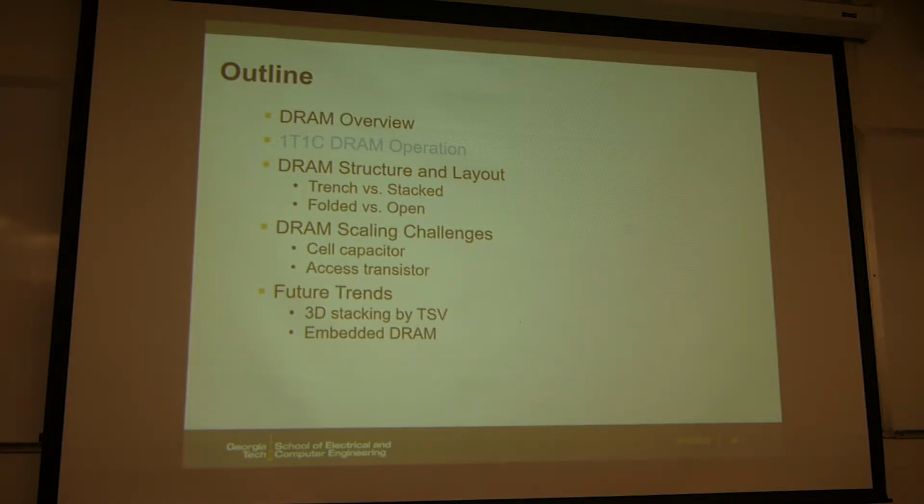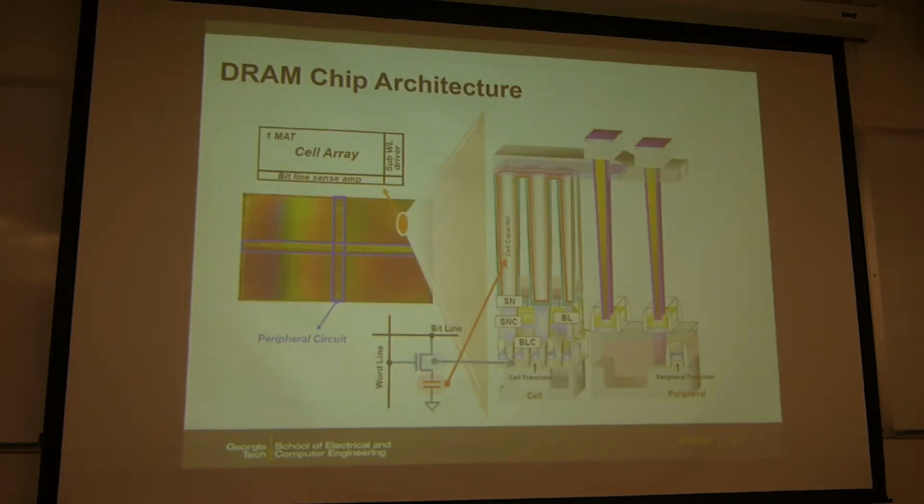And next, we are going to have more technical discussions on the DRAM cell operation. You need to understand how the DRAM is read out, what the timing is, and what the sense margin is. So DRAM is this 1T1C, and here we show the schematic for the DRAM cell.